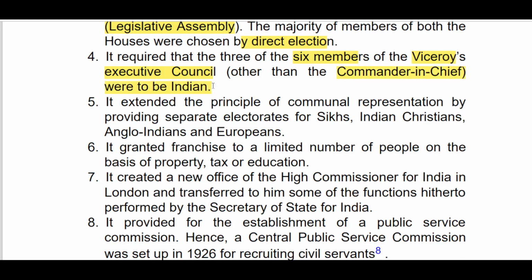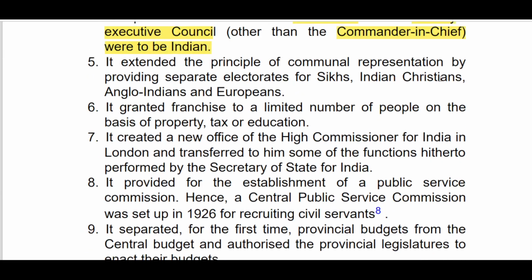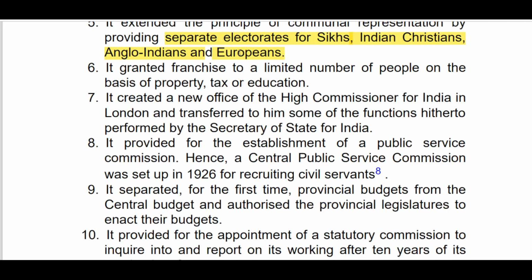It extended the principle of communal representation by providing separate electorates for Sikhs, Indian Christians, Anglo-Indians, and Europeans. It granted franchise to a limited number of people on the basis of property, tax, or education.